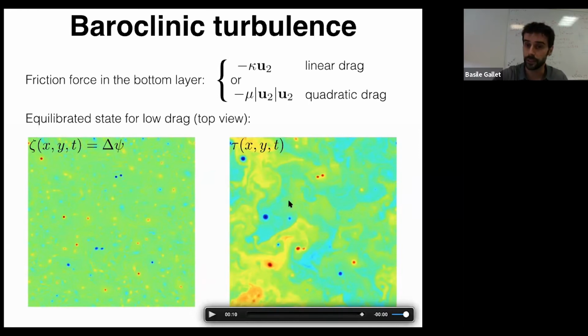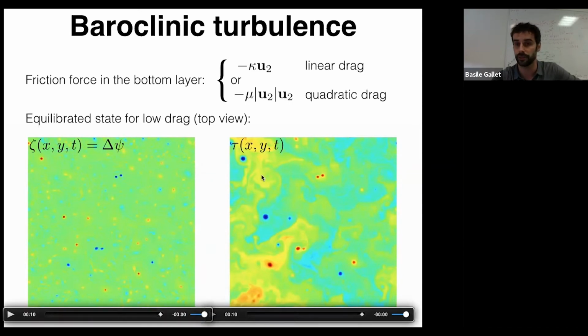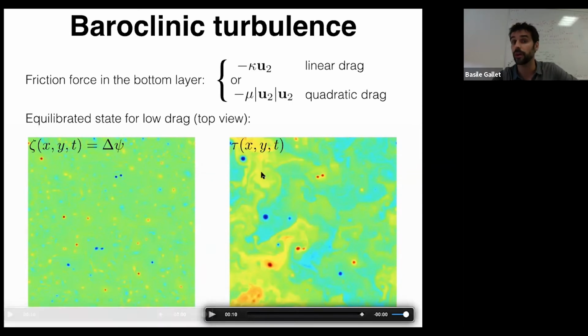Okay, so what this turbulence is doing, again, is trying to release potential energy from the system. The meridional velocity, which is the vertical component here on this graph of the velocity field, is trying to move the warm stuff northward and the cold stuff southward.